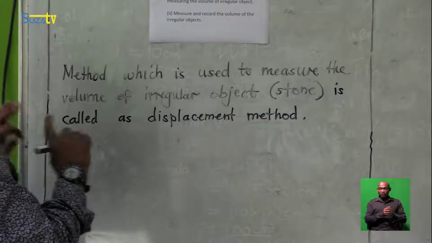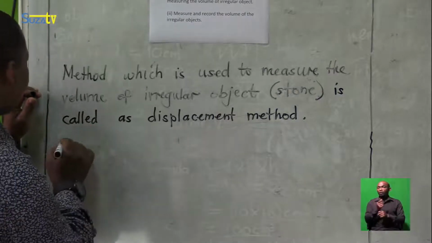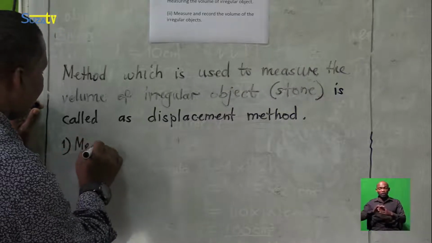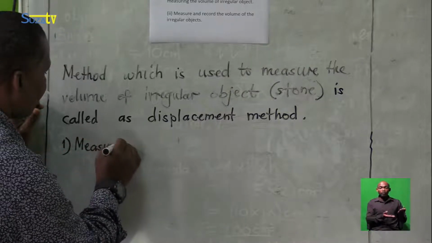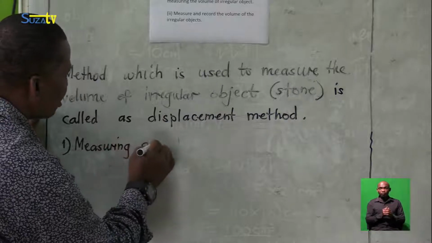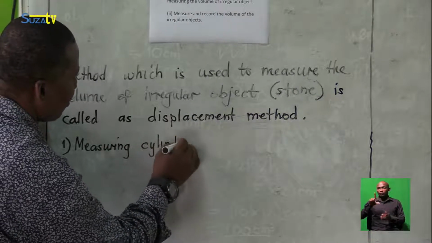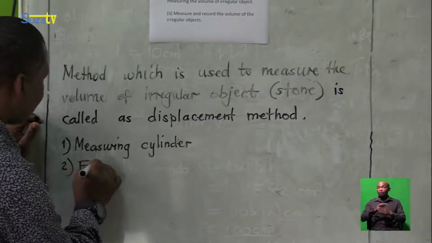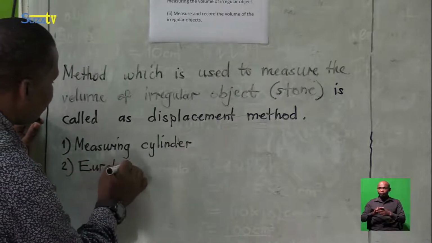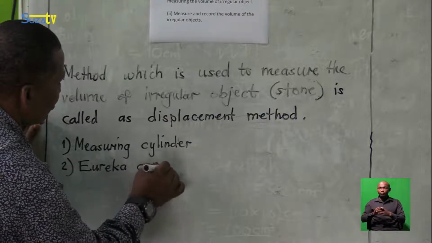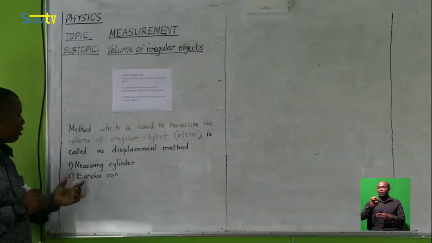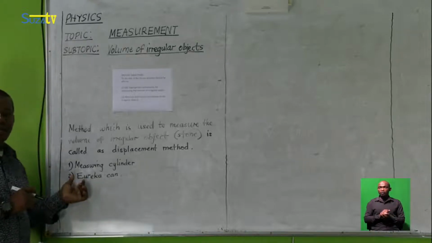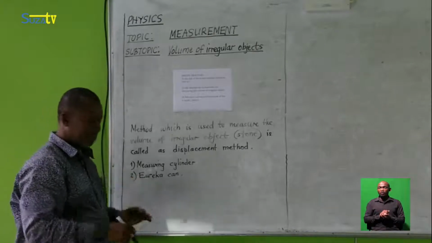So we have two options. The first one, we can use a measuring cylinder. And the second one, we can use this one. Now all of you, what is this? Yes, right? It is a Eureka can.